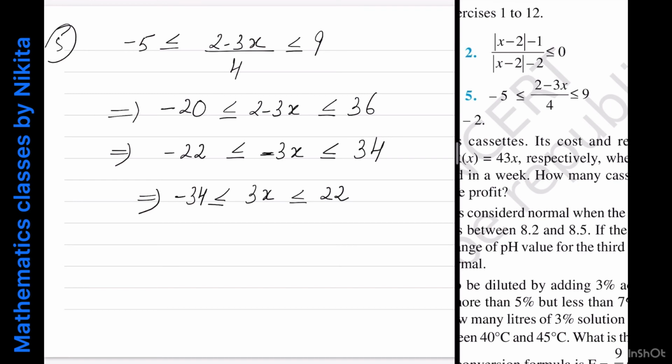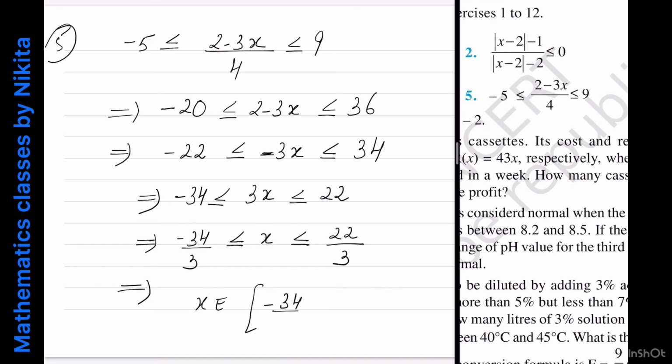Now divide by 3 because 3 is positive, so no change in the sign. So minus 34 by 3 is less than or equal to x is less than or equal to 22 by 3. So this implies that x belongs to the closed interval minus 34 by 3 comma 22 by 3. So this is the answer for question number 5.